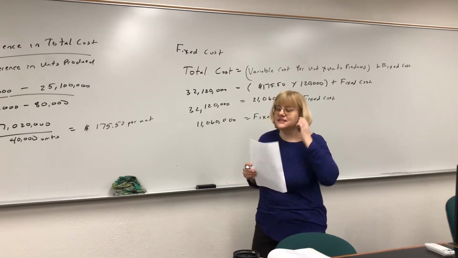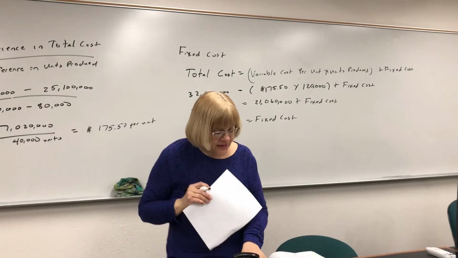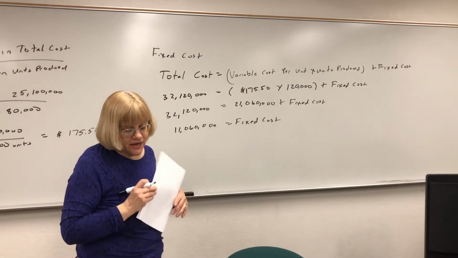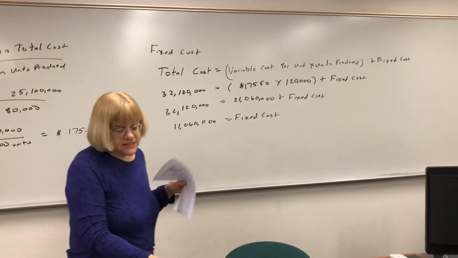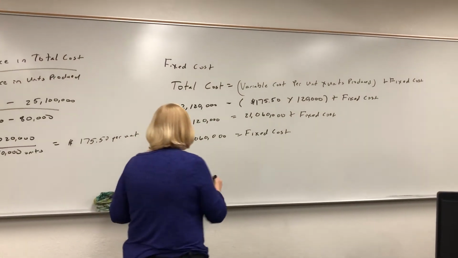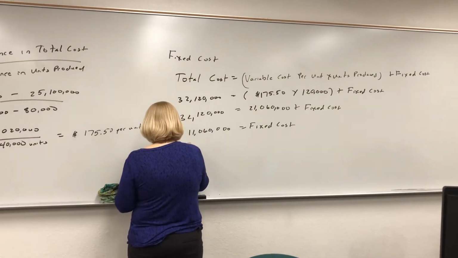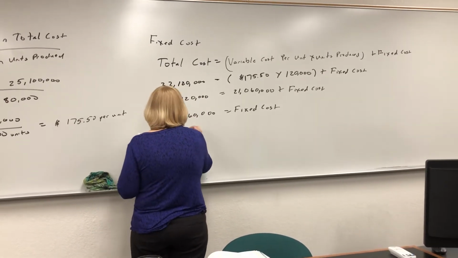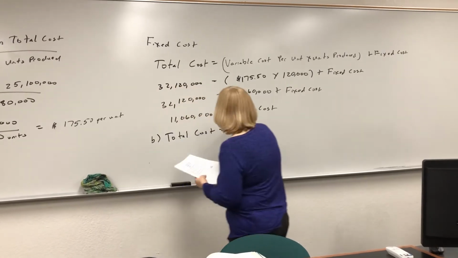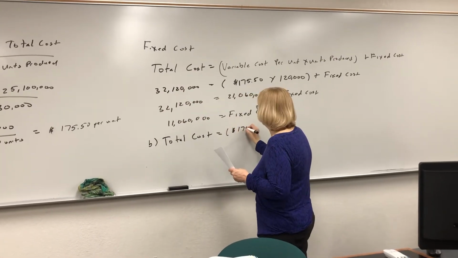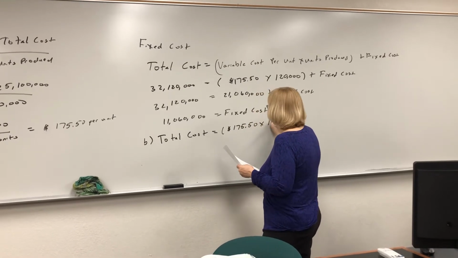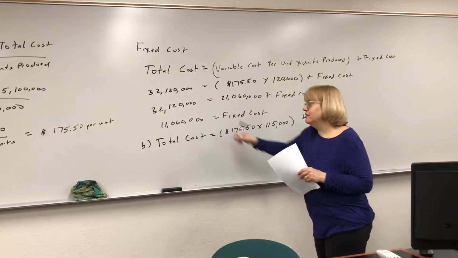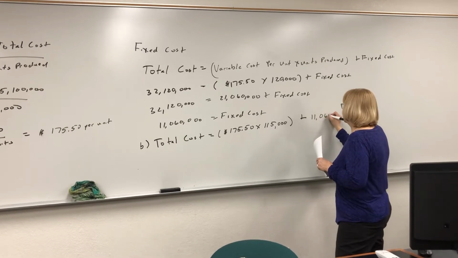And then one last thing it asks us to do. So now that we've got this, based on Part A, estimate the total cost for 115,000 units of production. So we ought to be able to say our total cost, like we just said up there, using that same formula. So we're solving for total cost this time. So our variable cost per unit would be the $175.50 times, this time we're estimating for 115,000 units, plus our fixed cost, which we now know is 11,060,000.